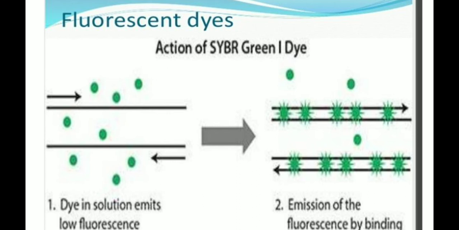Now fluorescent dyes: there is the action of SYBR green dye, which you can see in green color. In the first figure, the dye in solution emits low fluorescence, and in the second figure you can see an emission of fluorescence by binding.